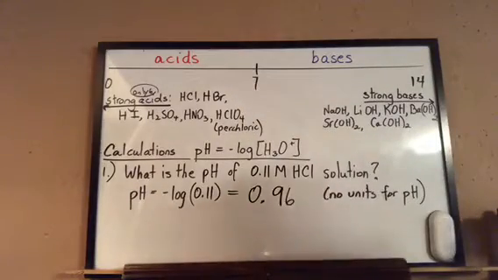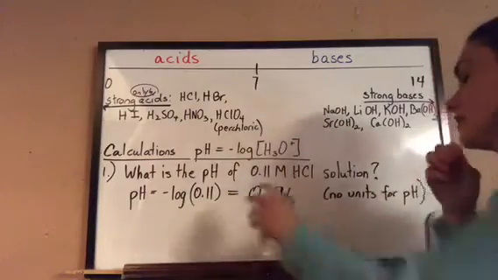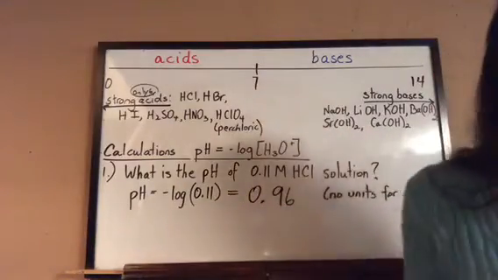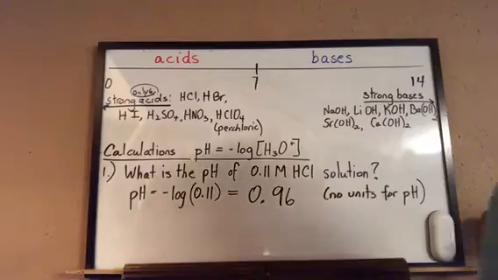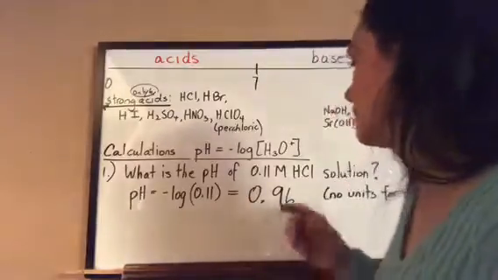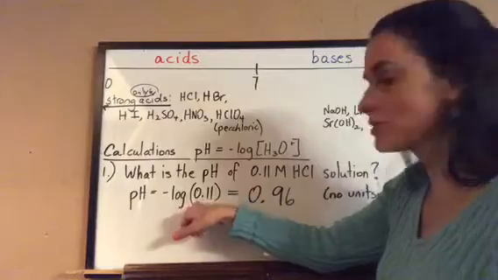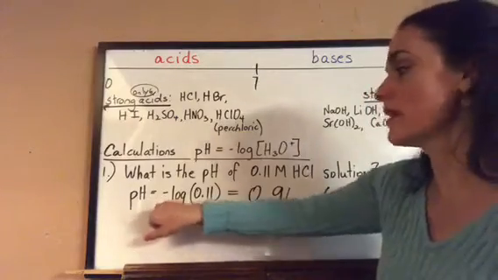So when you're looking at this video, make sure you're using your calculator to see that you get the same answer that I got, okay? Those of you that have a calculator that's not like mine and that's not a graphing calculator, you'd have to enter the concentration first, then the logarithm, then the negative.